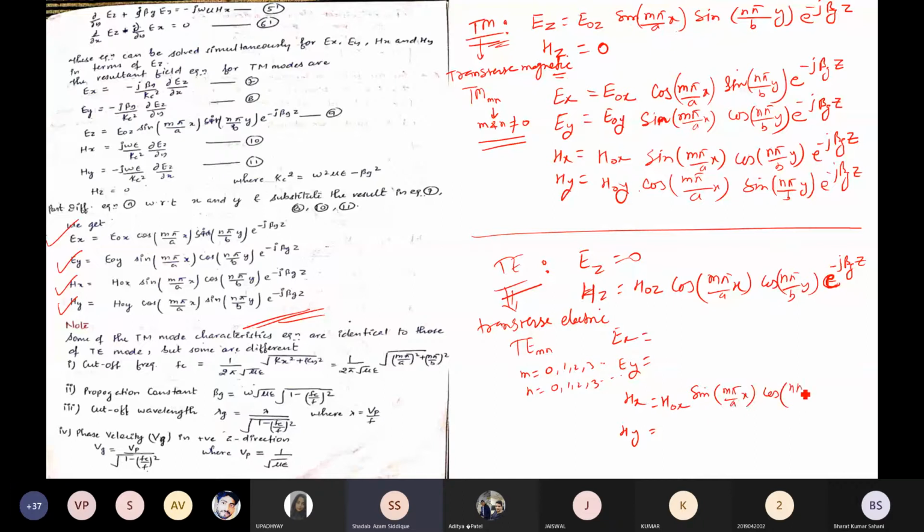We'll have this one as it is, cos n pi by b into y, e to the power minus j beta g into z. If you write for the y component, this will be H naught y. This will be as it is, cos m pi by a into x, and this will be differentiated, sine n pi by b into y, e to the power minus j beta g into z.